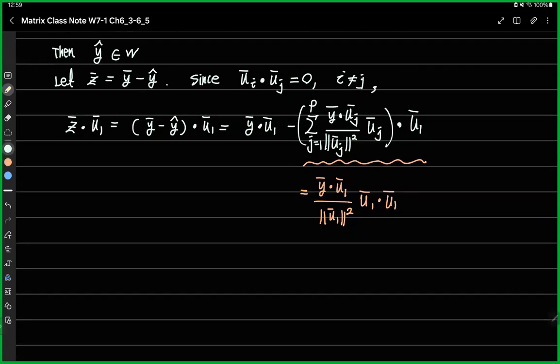So this is equal to y dot u1 minus what?